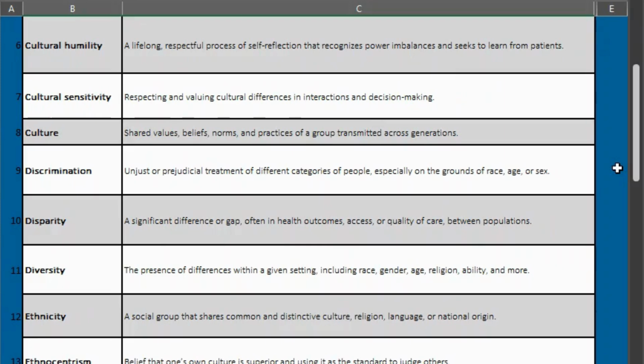Disparity: higher maternal mortality in Black women versus white women indicates a health disparity. Diversity: creating unit posters in multiple languages reflects workforce and patient diversity.